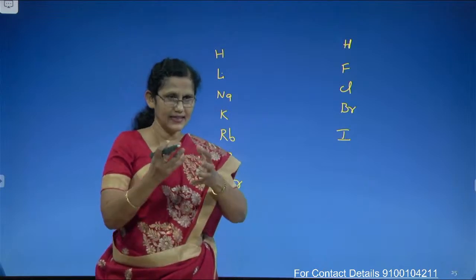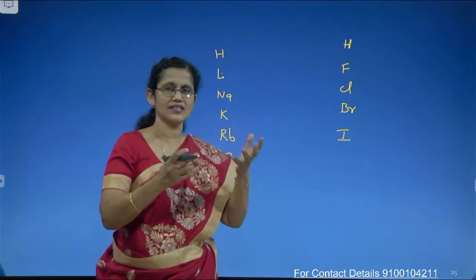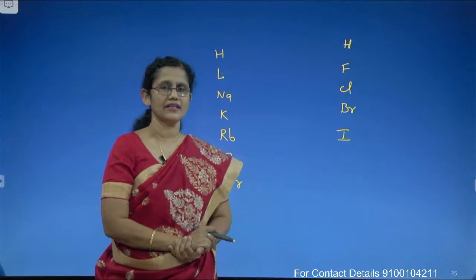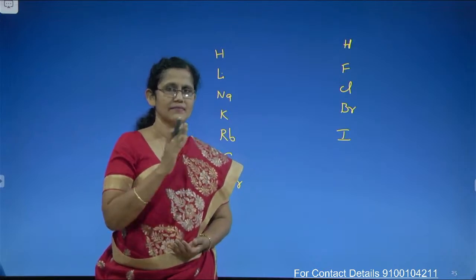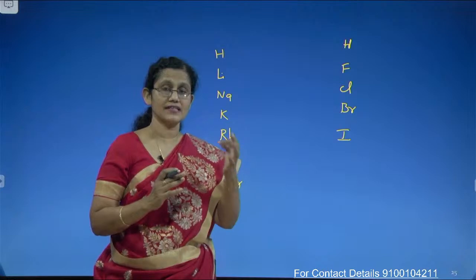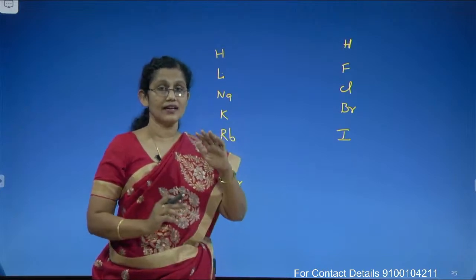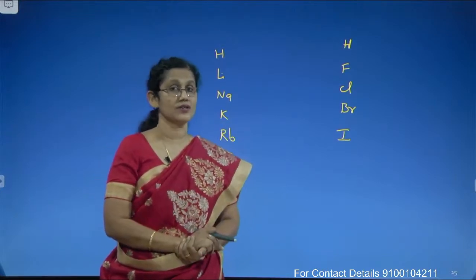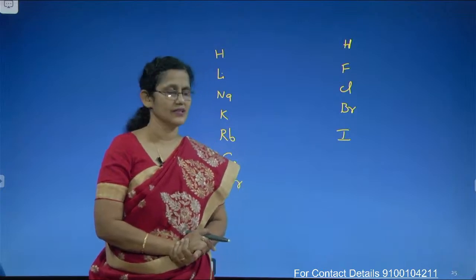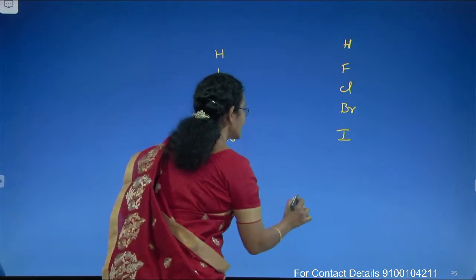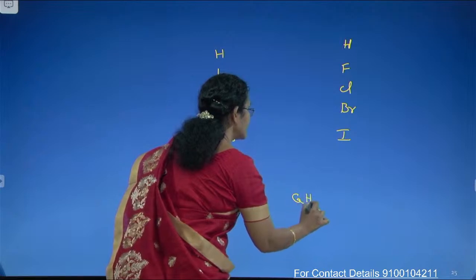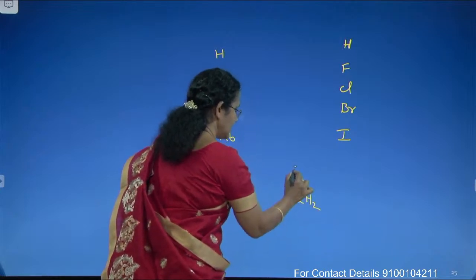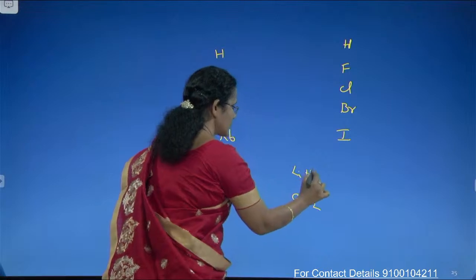Hydrogen can even show -1 oxidation state when hydrogen combines with certain metals, first group and especially second group metals. Hydrogen can show -1 state because it is highly electronegative. Say for example, calcium hydride, hydrogen is -1, lithium hydride, hydrogen is -1.